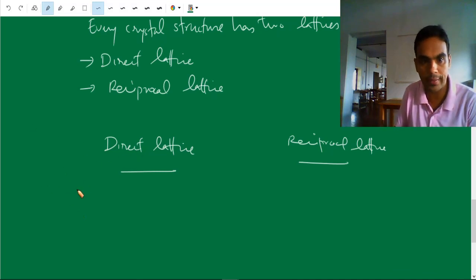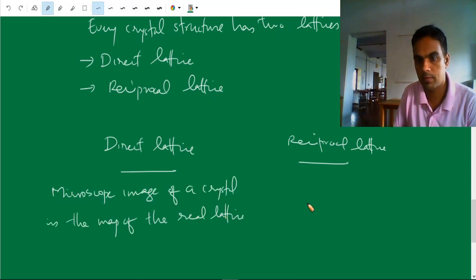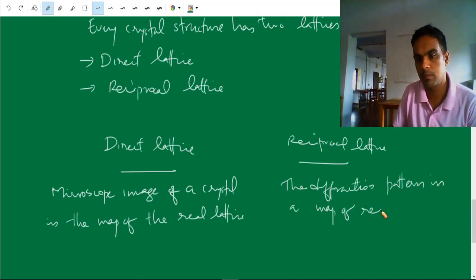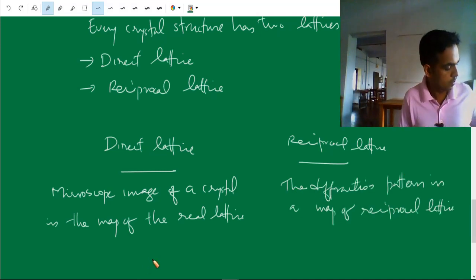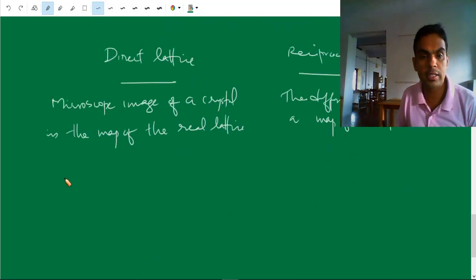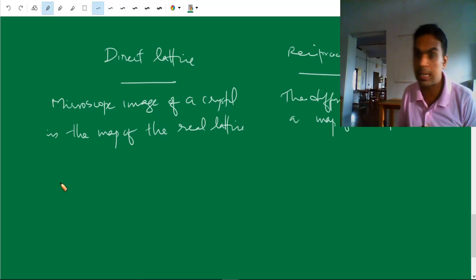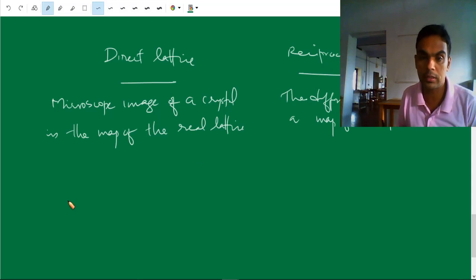So first we can write the direct lattice, the microscope image, whereas the diffraction pattern. Vectors in the direct lattice have the dimension of length, whereas the vectors in the reciprocal lattice have the dimension of reciprocal of length.